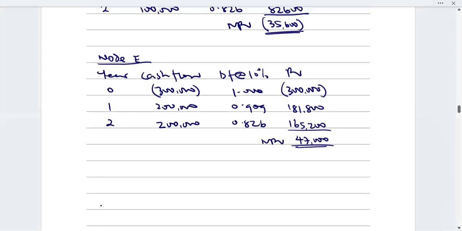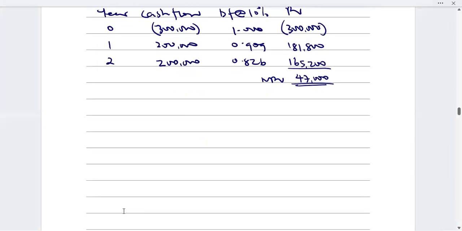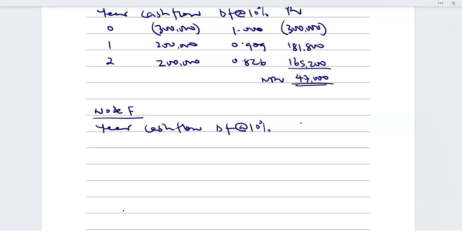Then I'll move to node F. The same value. 300,000 multiplied by 1.